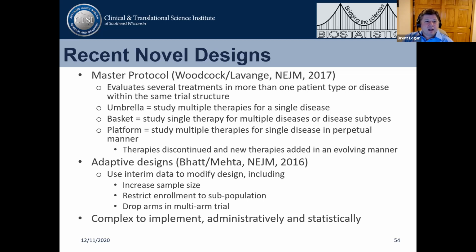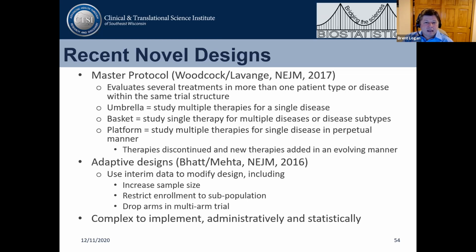There are a couple of variations on this. An umbrella protocol studies multiple therapies for a single disease. So it's multiple treatments, one disease. A basket protocol studies a single therapy for multiple diseases or disease subtypes. This is the idea that you have a targeted treatment going after a particular genetic feature or something like that.